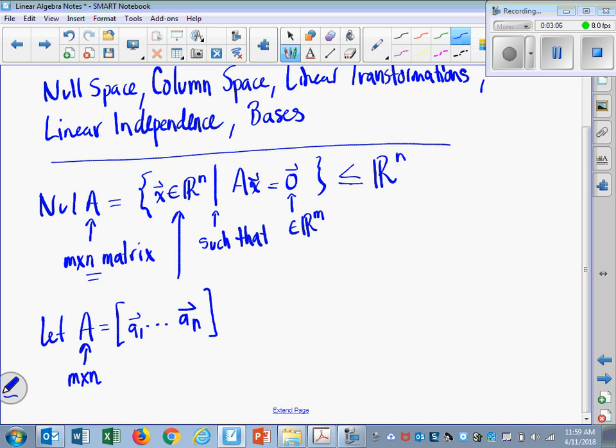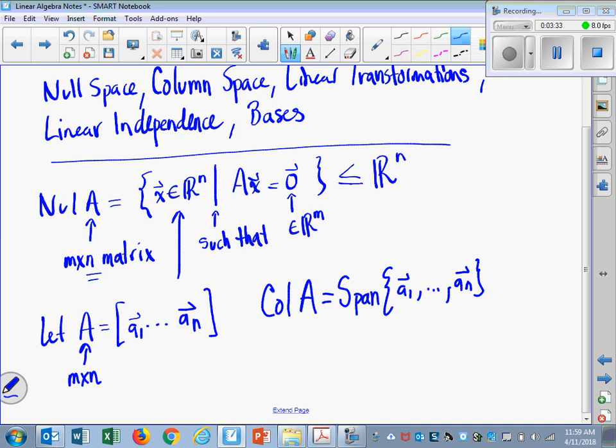And we want to talk about the column space of A. So what is the column space of A? The column space is just the span. So it's all possible linear combinations. That's what the span means, all possible linear combinations of A1 through AN.